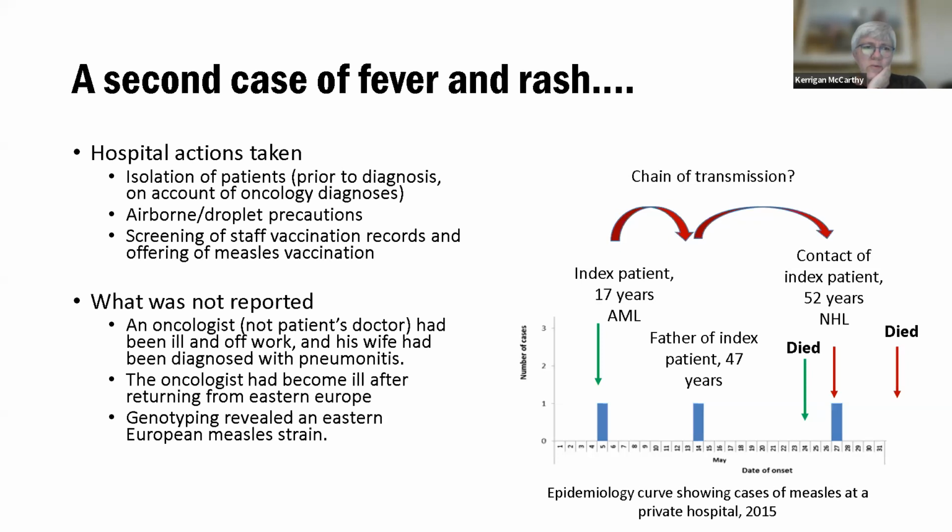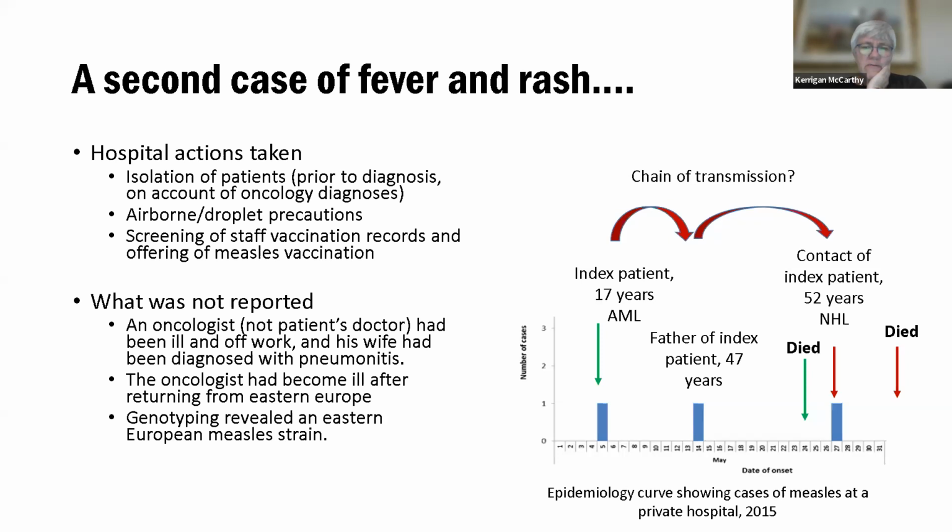What was not reported was that an oncologist who wasn't the patient's doctor, but had seen patients in the ward where the patient was, without seeing the patient directly, had been ill and off work, and his wife had been diagnosed with pneumonitis. And he had become ill after returning from Eastern Europe.